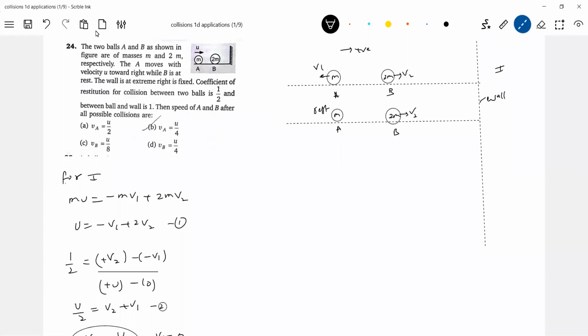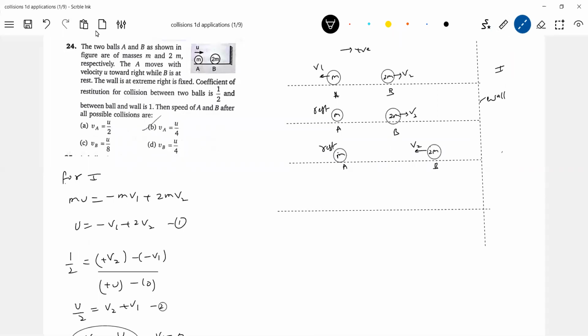So what will happen to this? This will rebound with the same speed. Now this will come and collide, and finally it is asking what will be the velocity of the balls.